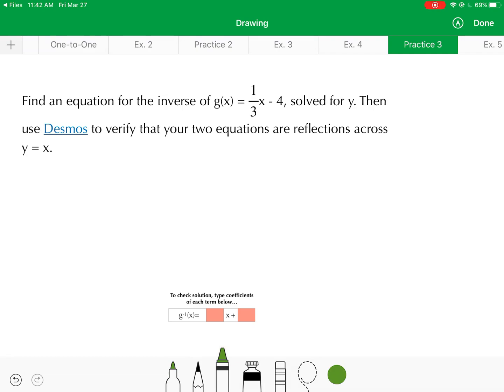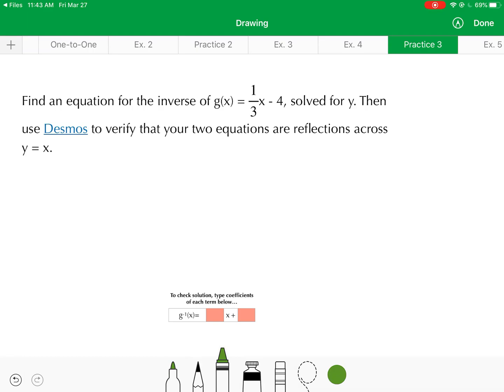Now it's your turn. You're going to find the inverse of this function g of x. Make sure you solve it for y. And then you're going to verify it. You can click on the link there to go to Desmos. You're going to type in the equation for g of x. You're also going to type in your equation for the inverse of g of x. And thirdly, type in an equation for y equals x.